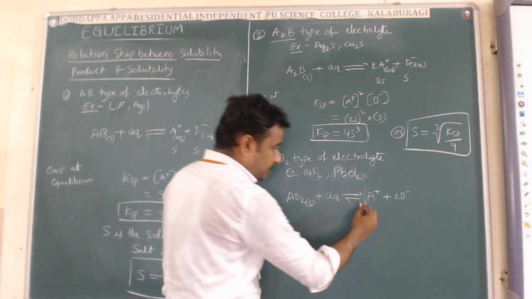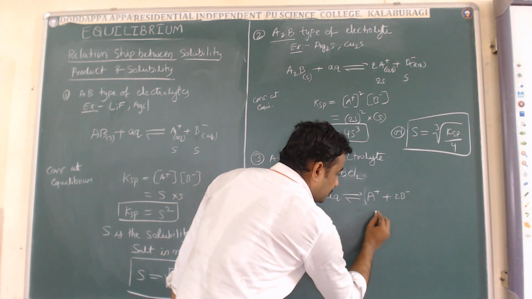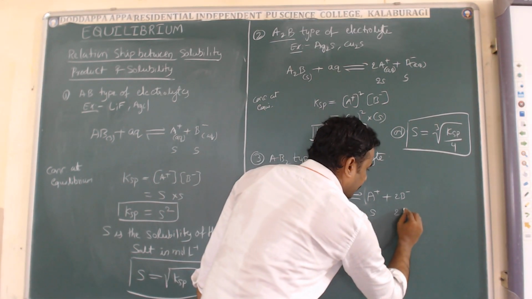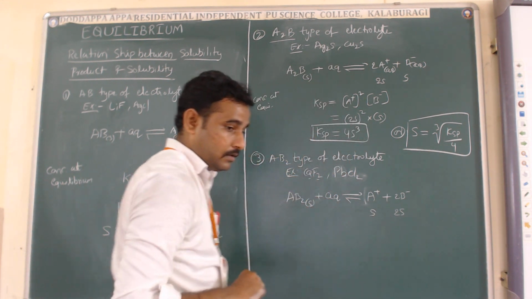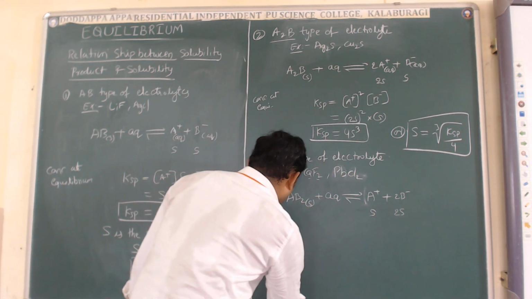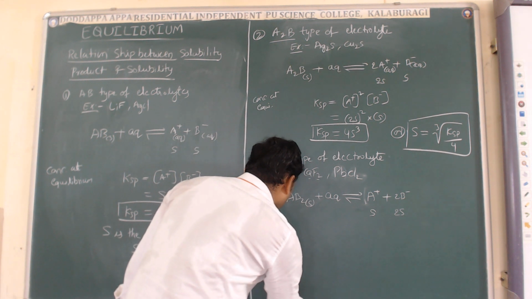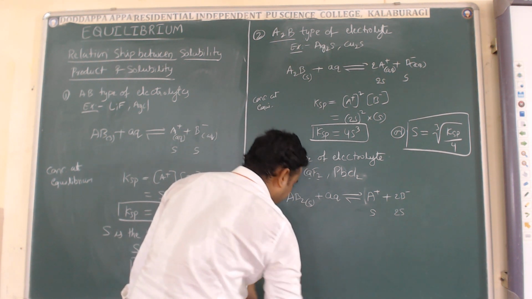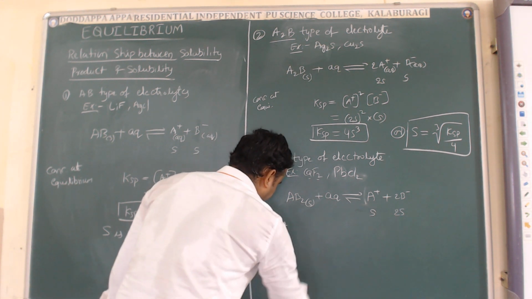If only A is there, you write only one S. If you have 2B minus, you write 2S. Next, you have to write the concentration at equilibrium.